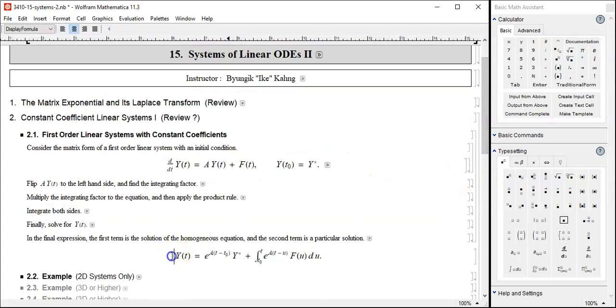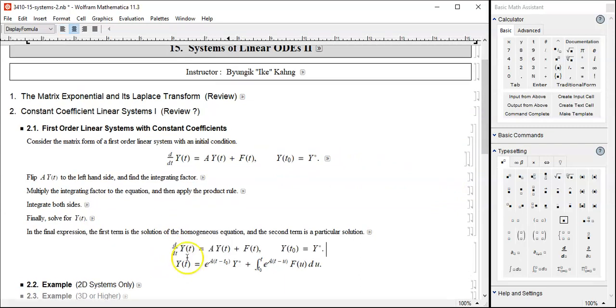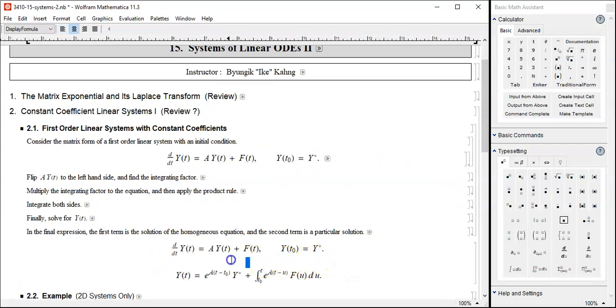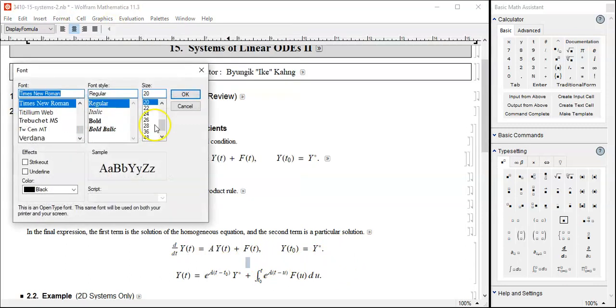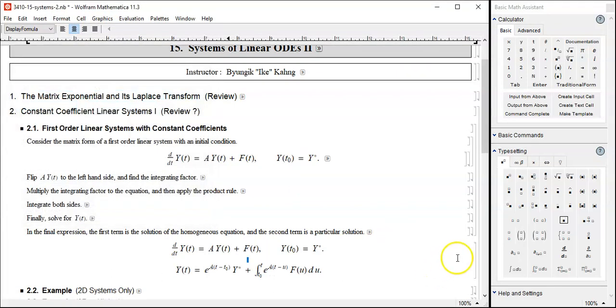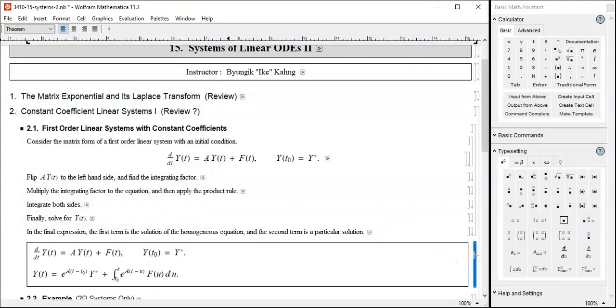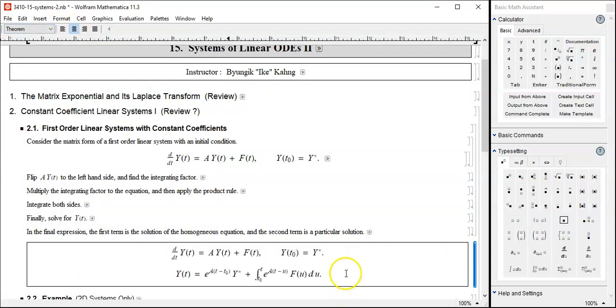So here is the ODE, or the system of ODEs. And then with some difficulty, using all those methods of integrating factor and so on and so forth, we ended up with this expression. The solution of the homogeneous part, without this one, plus the particular solution.